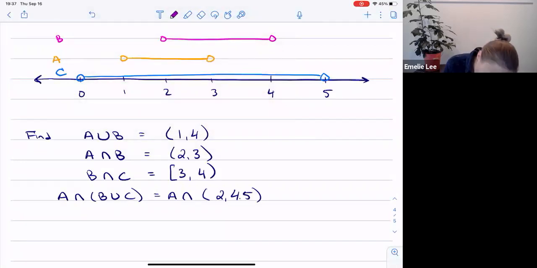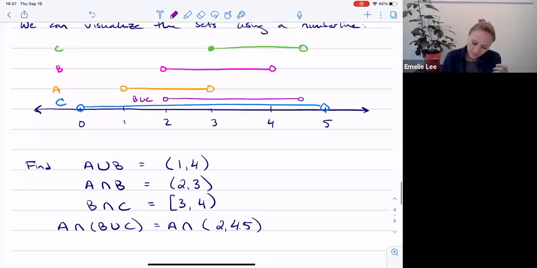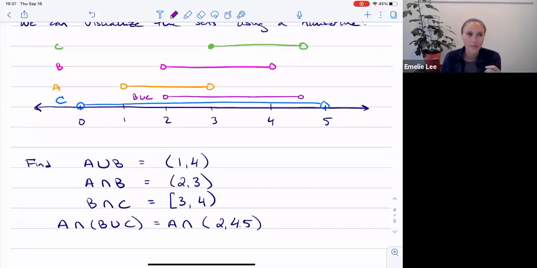So B or C looks like this. It starts at 2 and then goes to 4.5. I was going to remove that one, or maybe not. Maybe I'll just keep it. I guess there's no harm. I just wanted to keep it a little bit cleaner, but that's okay.